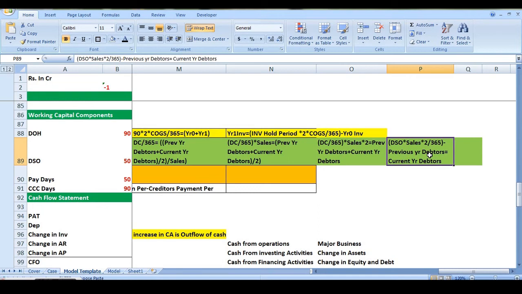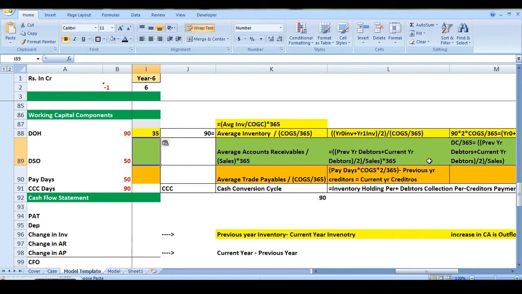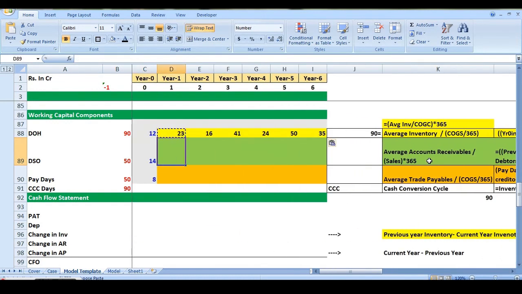From that you have to deduct previous year's debtors to calculate current year's debtors. So we apply this formula as we have the rest of the values available with us.